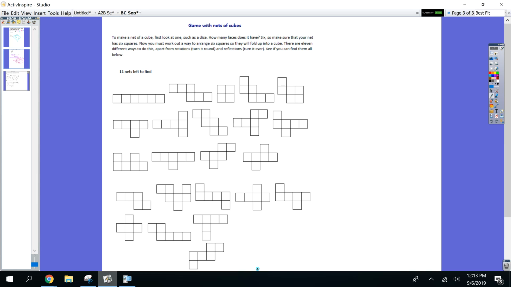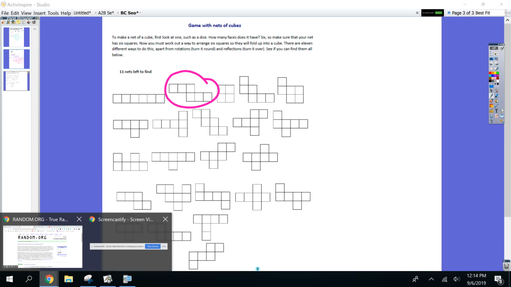Where is our first net? What do we think? Not bad? Well, you got one more job. Go down to the Chrome symbol down below there on my toolbar.